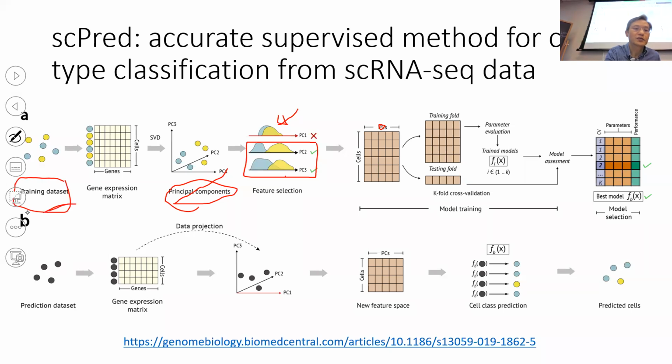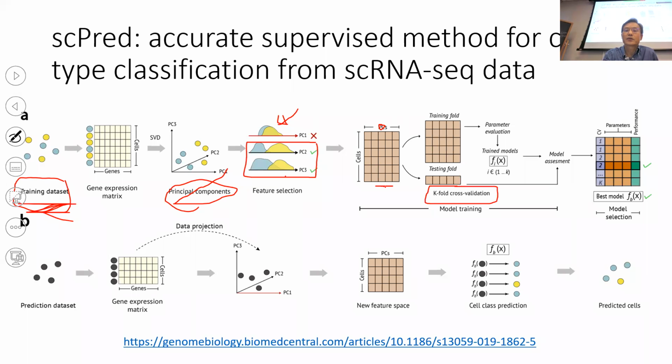I highlighted this: we need training data, so you have labeled them correctly. Now you realize what they are doing here.